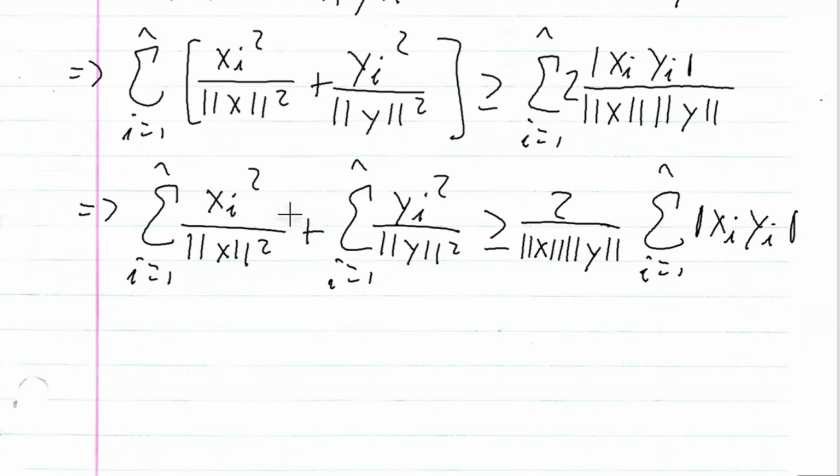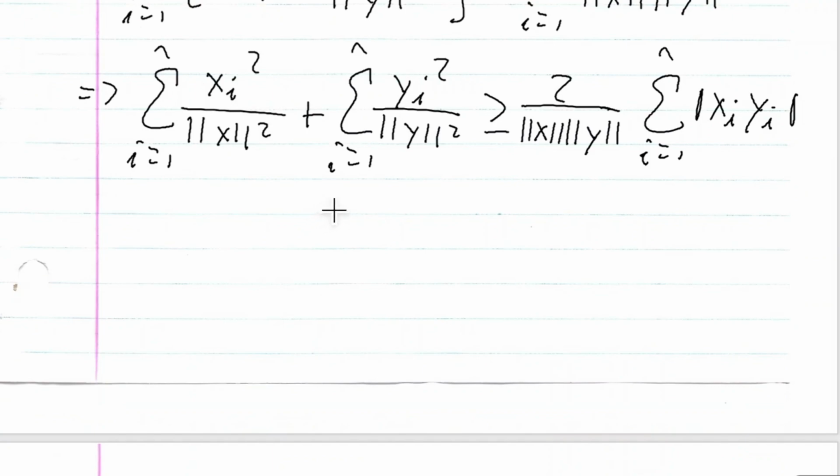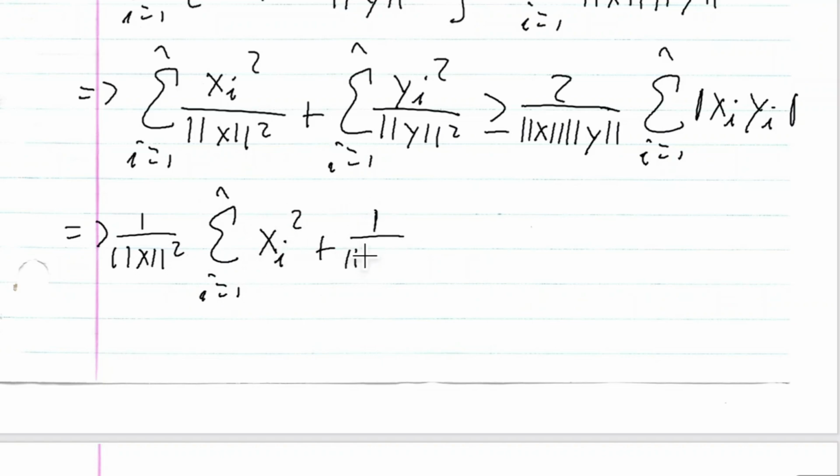Okay. And of course, we can do the same thing here, right? We know that the norm of x squared and the norm of y squared are both constants in all these terms in the sequence. So I can factor those out as well. So this is the same thing as 1 over the norm of x squared times the sum from 1 to n of x_i squared, plus 1 over the norm of y squared times the sum from 1 to n of y_i squared.